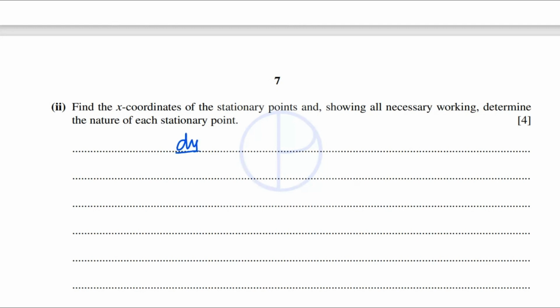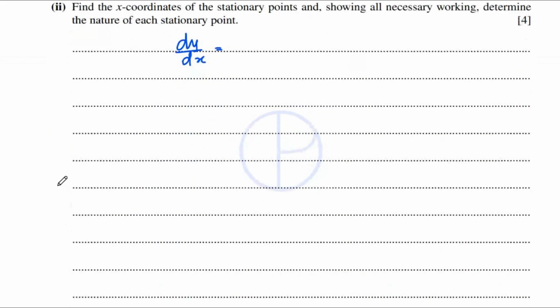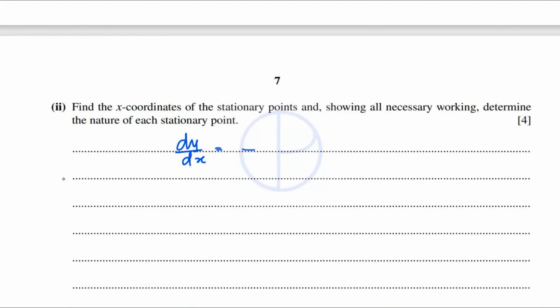So dy by dx is 2 multiplied by negative 2 multiplied by (2x minus 1) to the power negative 2, plus 2. This is equal to 0.